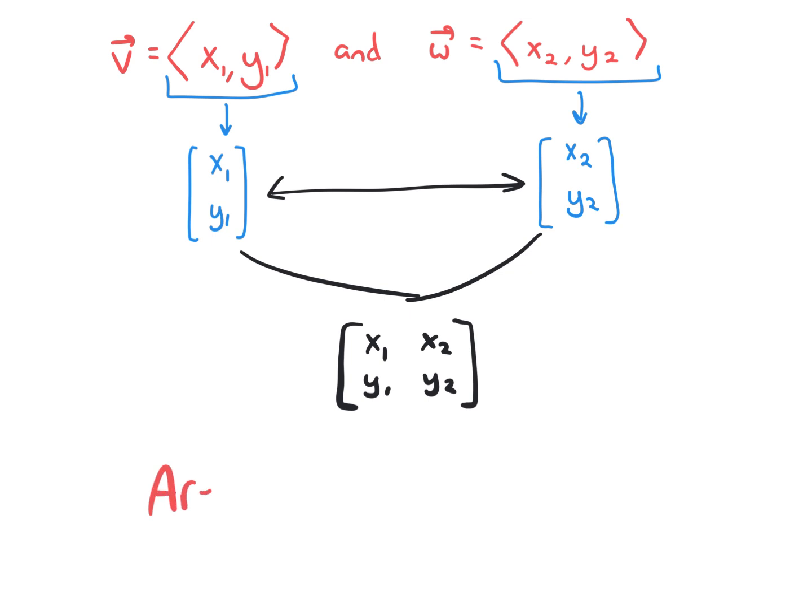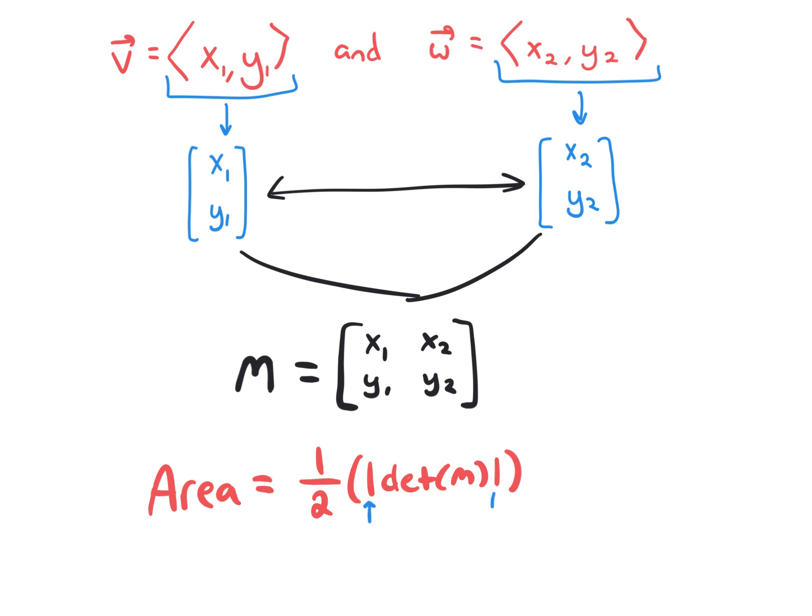So, area equals 1/2 times the absolute value of the determinant of m, with m being that matrix. Okay. Oh, I miswrote something. Make sure you fix that on yours too. Okay. I kind of already said it, but what do these two bars mean?